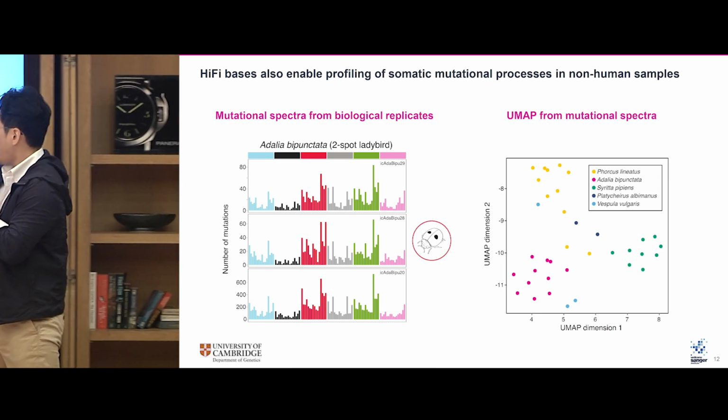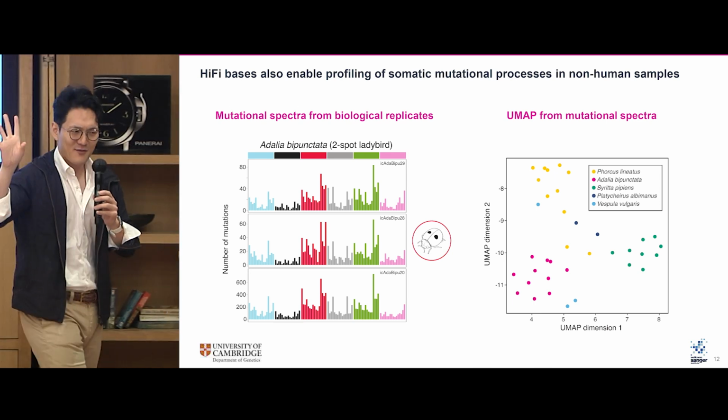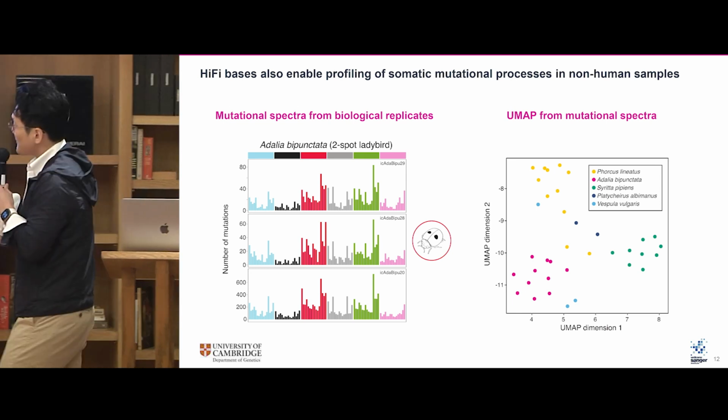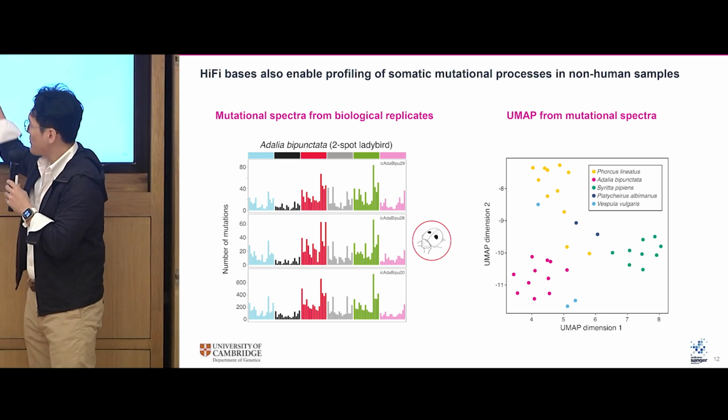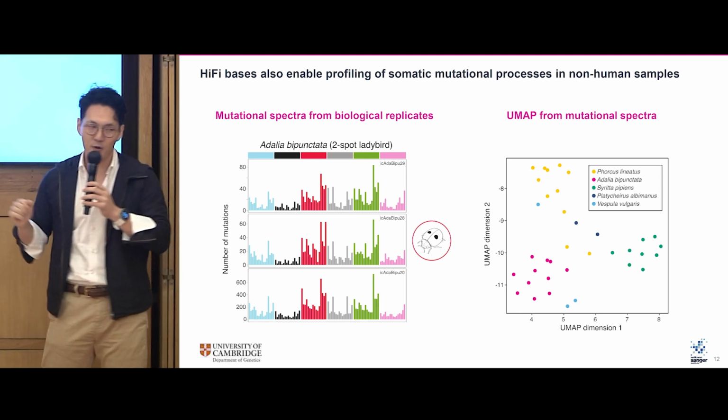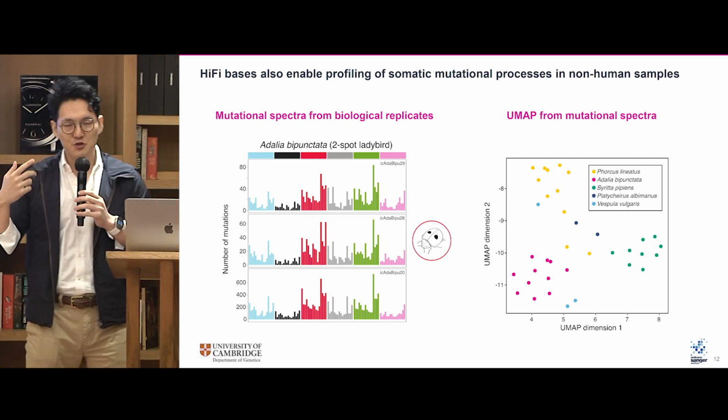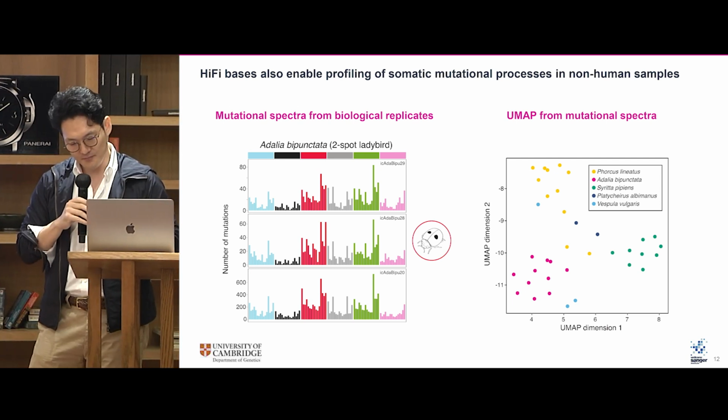And here we have a 2-spot ladybird, very, very adorable, and we had multiple biological replicates, but here we show 3 biological replicates where the same mutational spectra is observed.